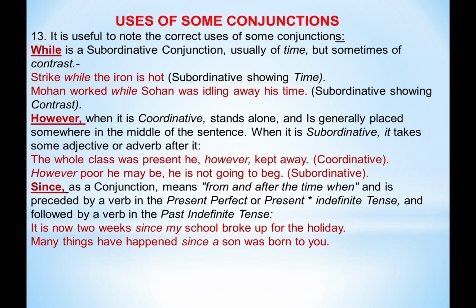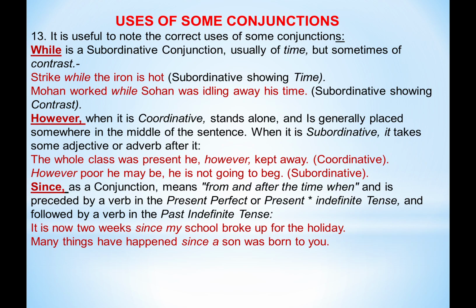However, when it is coordinating, it stands alone and is generally placed somewhere in the middle of the sentence. When it is subordinating, it takes some adjective or adverb after it. The whole class was present. He, however, kept away. However poor he may be, he is not going to beg.